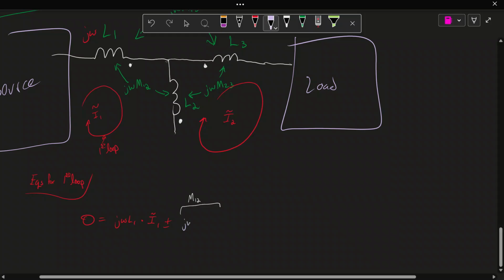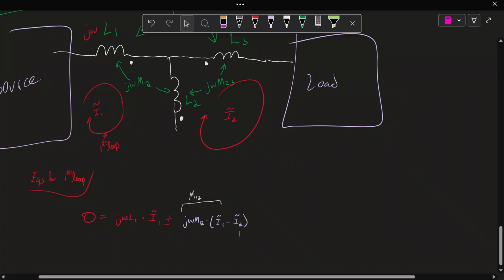What is it? It's j omega M12 times whichever current is passing through L2. If we're doing the first loop, we have to do I1 minus I2. So that'll be the current passing through L2.